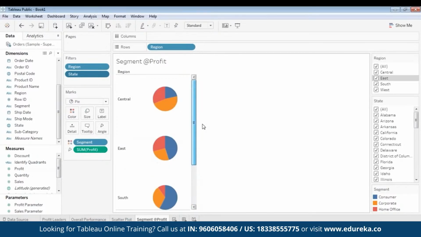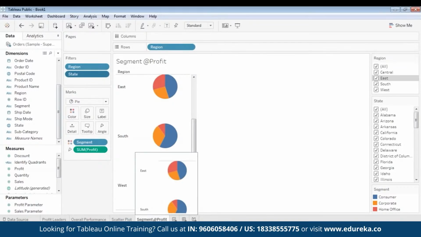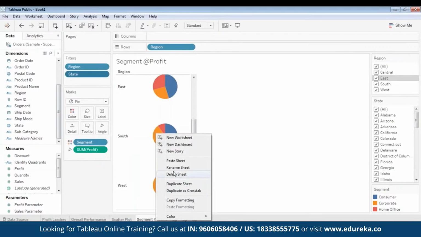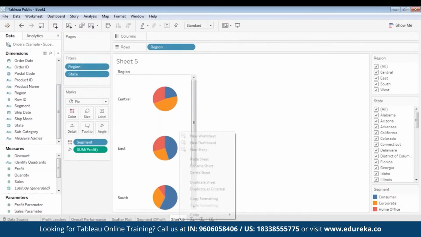Just like we have created this sheet for profit, we will create a very similar sheet for sales as well. What I'll do is duplicate this sheet. I'm not going to create a new sheet again, and I will name it segment at the rate sales.